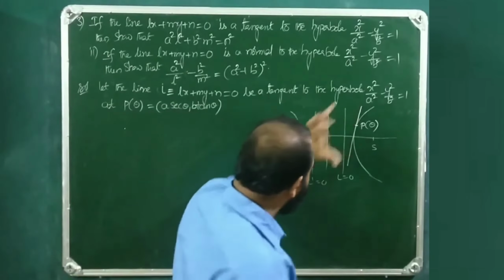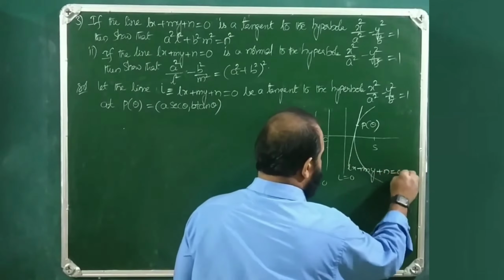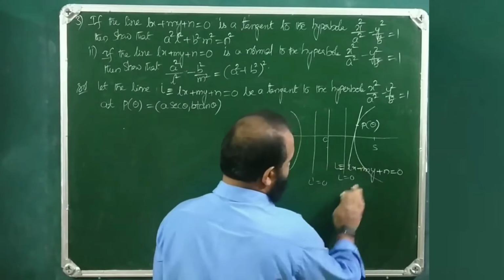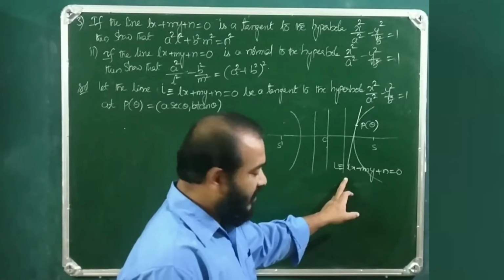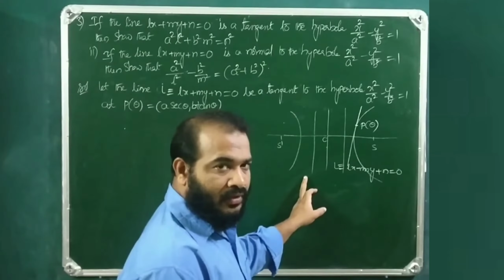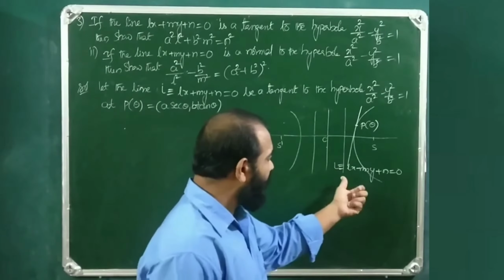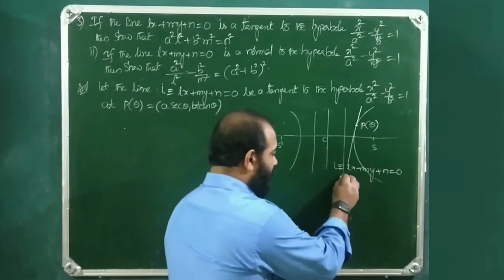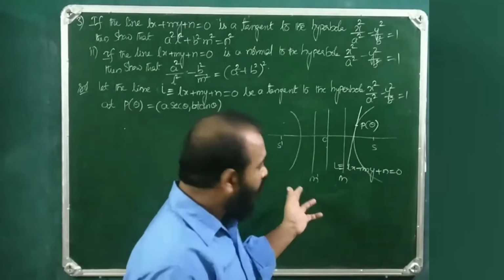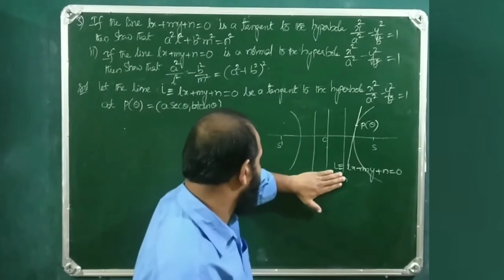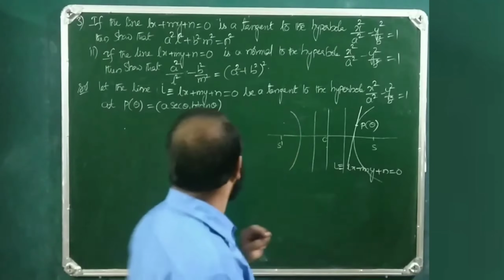So this line is Lx plus My plus N equals 0. Let this be L. The directrices are not necessary here. So L is Lx plus My plus N equals 0.